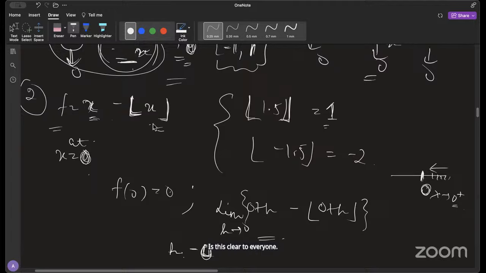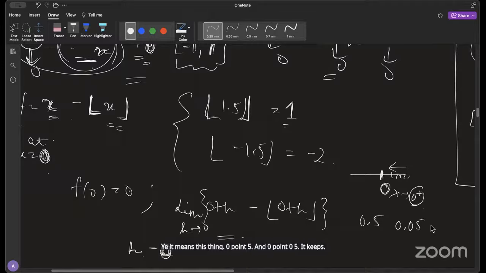Why you're going to get 0 here? Because 0 plus means 0 point any value, like 0.5, 0.1, and 0.05. It keeps decreasing and it goes to 0. That's what x tending to 0 plus means.